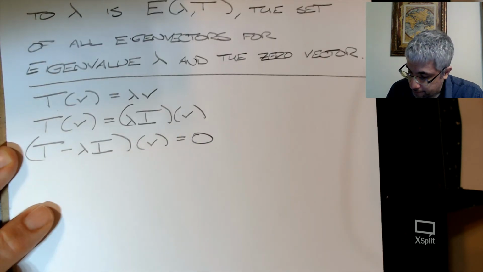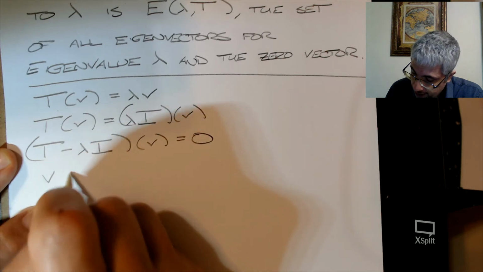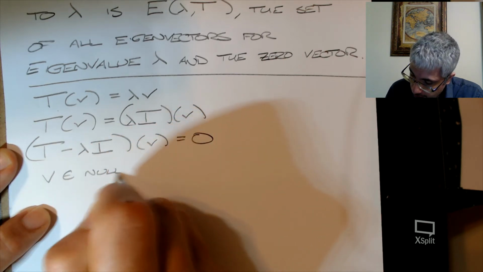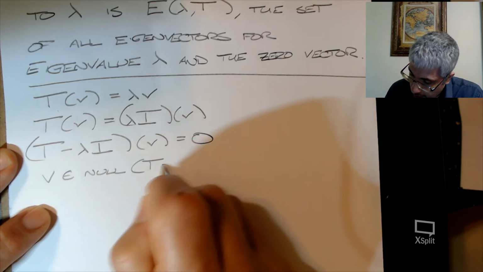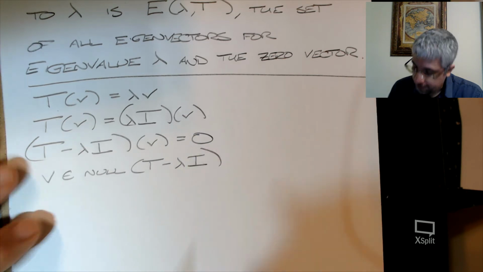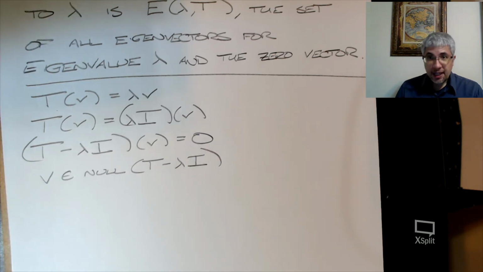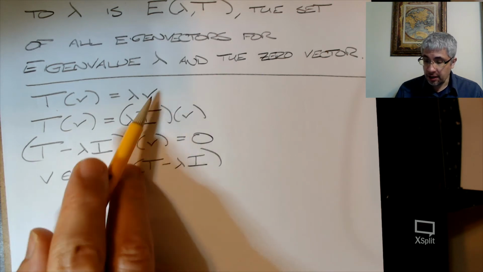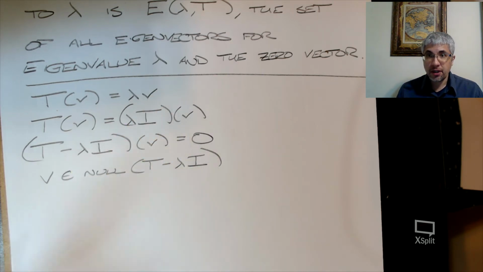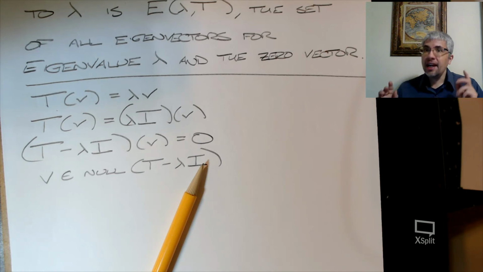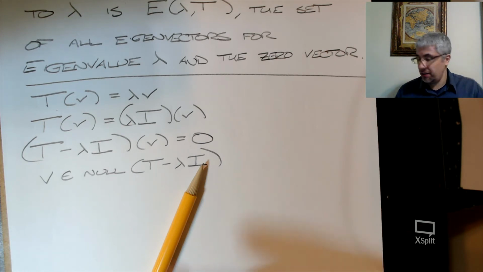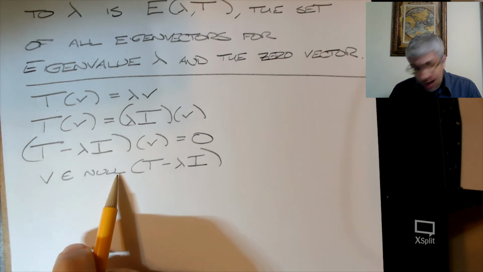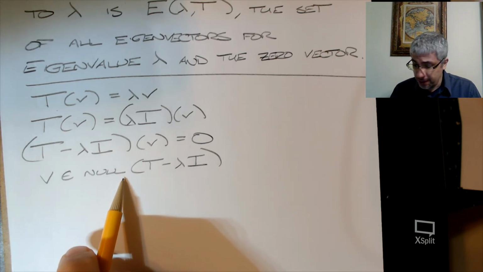So what does this mean? It means V is in the null space of T minus lambda I. And as a matter of fact, anything in the null space of T minus lambda I is an eigenvector, because we can go in both directions, except for one thing, and that is 0. 0 we said we don't want to count as an eigenvector. But everything else in the null space here is going to be an eigenvector.